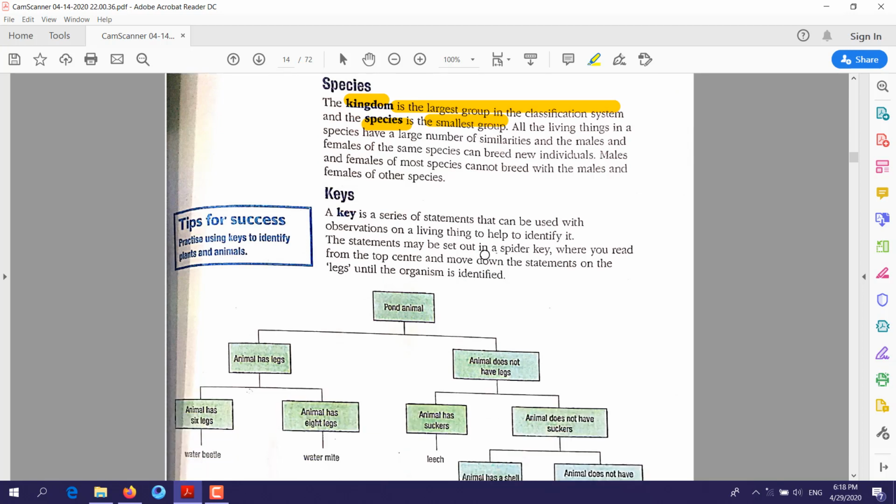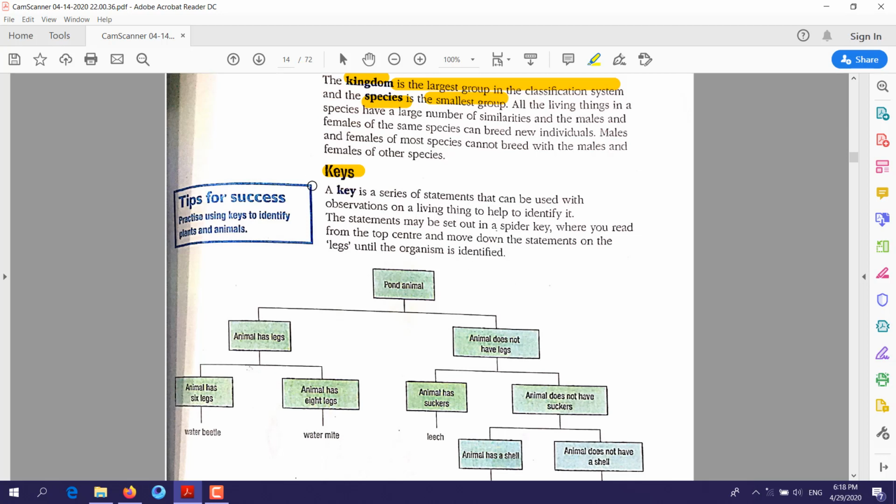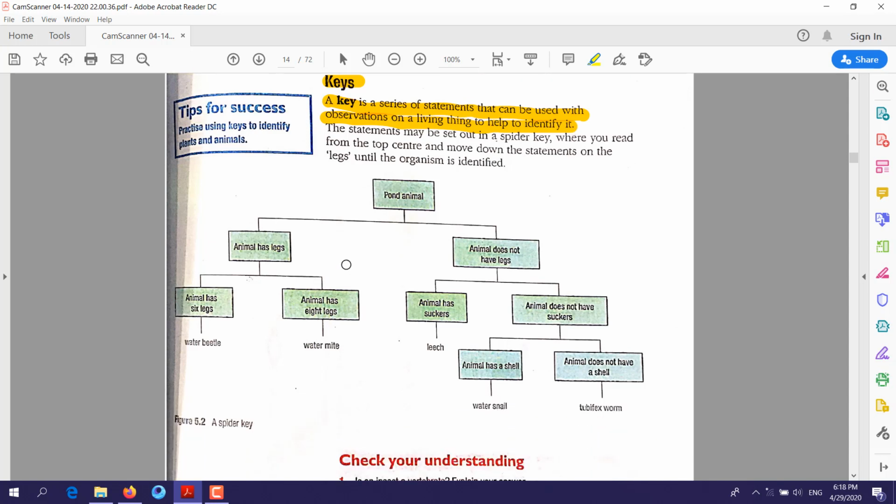Then, to identify organisms or individuals depending on their features, we use a way we call keys. So, what are keys? A key is a series of statements that can be used with observations on a living thing to help identify it. Here is an example of a key, a series of questions to identify an organism.